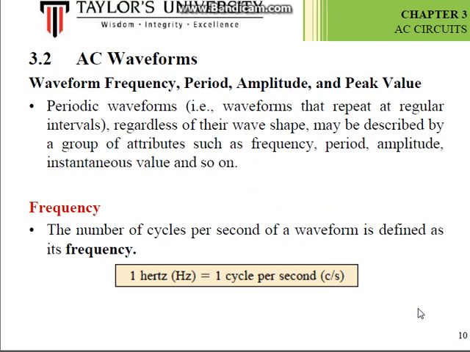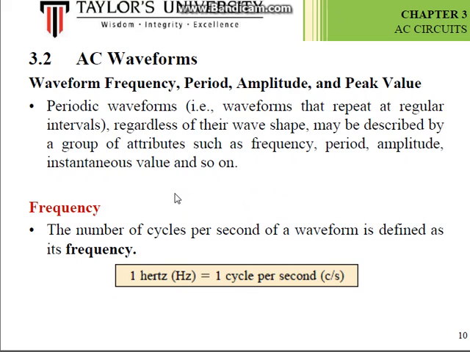Now we move on to the waveform. There are some terms that you will definitely need to know: frequency, period, amplitude, and peak value. Periodic waveform basically means that it's a wave that goes on cycle by cycle. For every cycle, after it completes its signal, it repeats itself again.